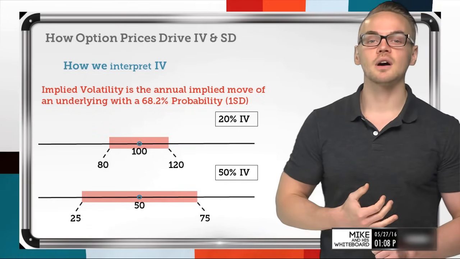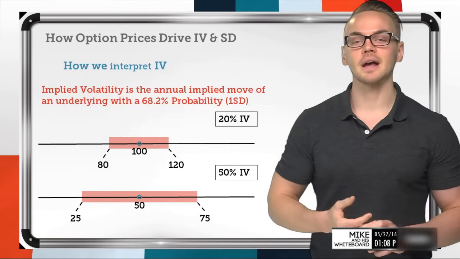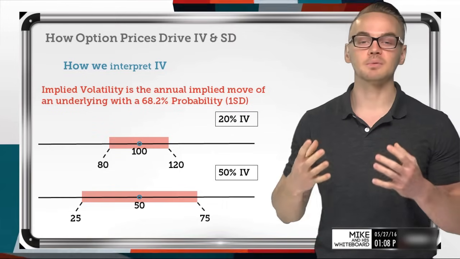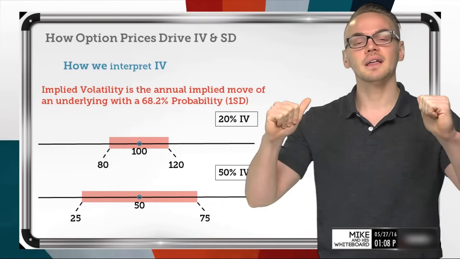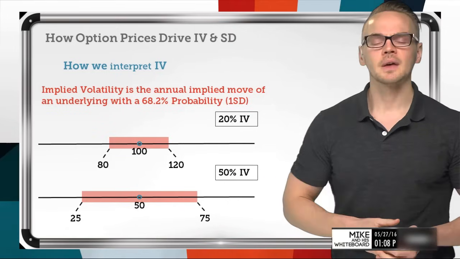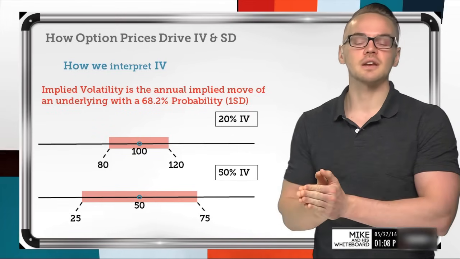So if they're hedging long stock, maybe they're buying puts. And if they're hedging short stock, maybe they're buying calls. Or maybe there's just people out there that are speculating on these implied moves. So they're just purchasing options, which is going to drive up that implied volatility, which is why you would see it at some level like this. But really the key is understanding implied volatility in terms of standard deviation.